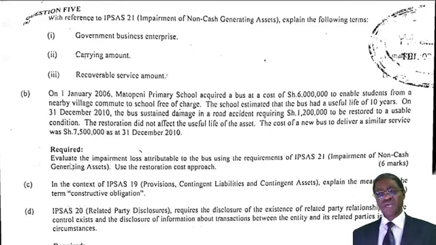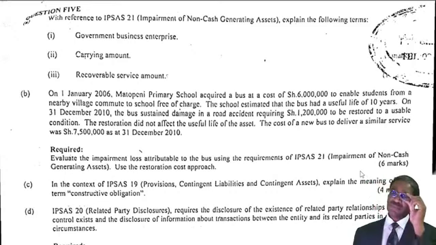Required: evaluate the impairment loss attributable to the bus using the requirements of IPSAS 21, impairment of non-cash generating assets. Then the question says, use the restoration cost method. Given 6 marks.